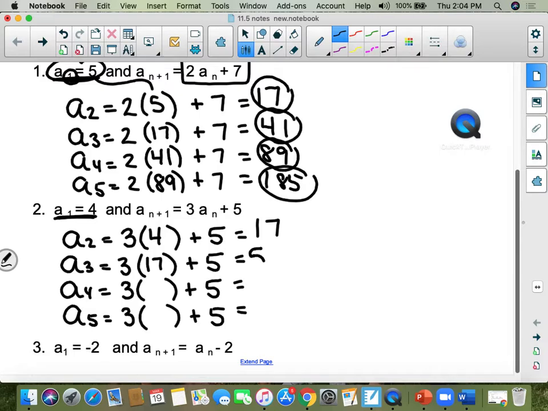This makes 56. And then you put 56 in there. And this makes 173. And then you put 173 in there. My last number is 524.